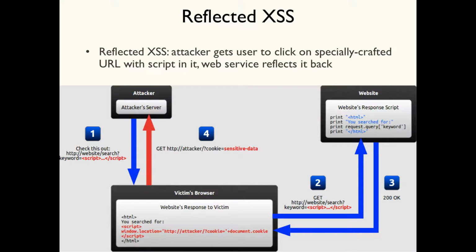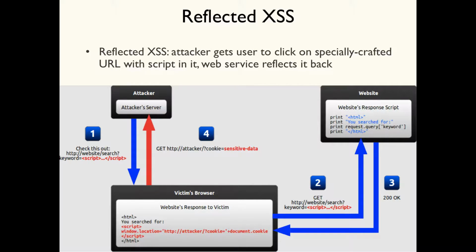Then when the user clicks this URL, the user's browser will bring the user to this website. So the second step, the user's browser will visit this website. This website is not malicious. Everything here is benign. And this website returns the web page and the 200 OK to the browser. The browser will try to render this web page.